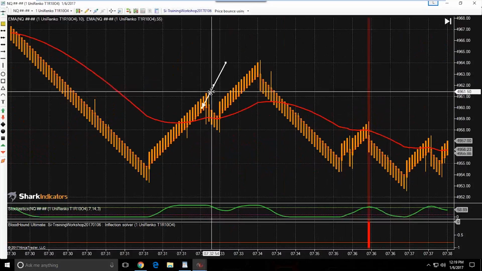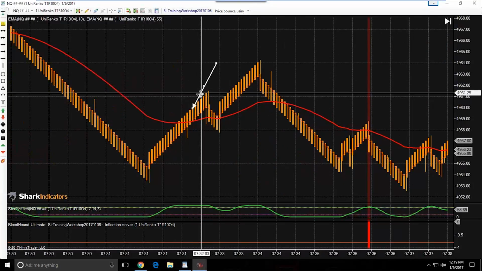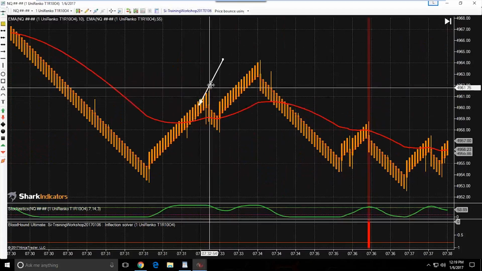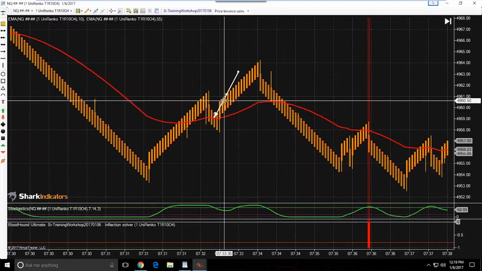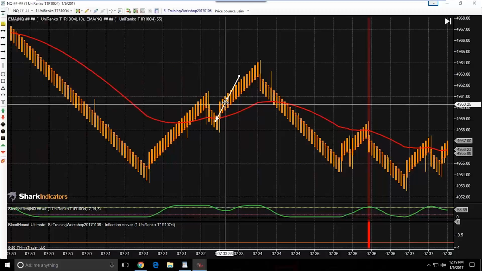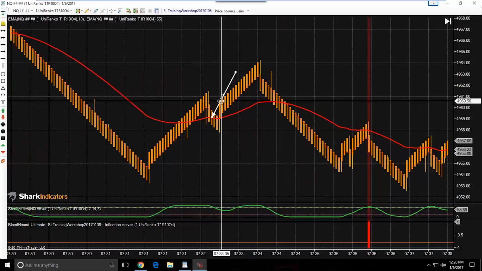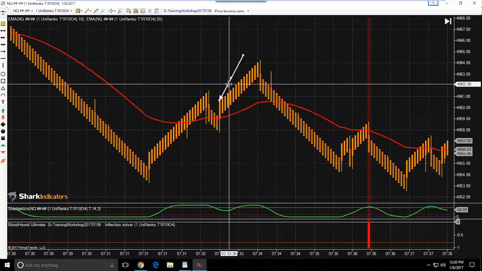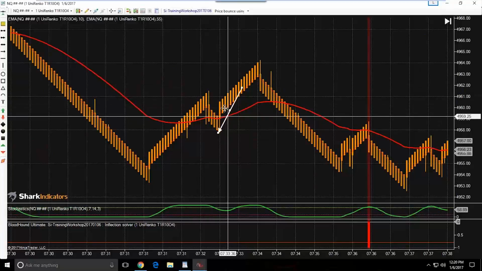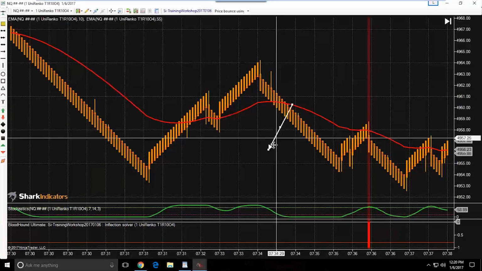And let's see, we probably didn't get enough bars here. Yeah, we probably didn't get enough bars above to, or no, actually no. What happened was price broke down. Price went too far below the EMA to get a reversal bounce there. Yeah, price broke down a little too far, so no signal there.